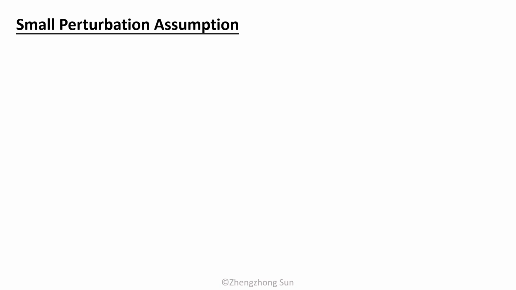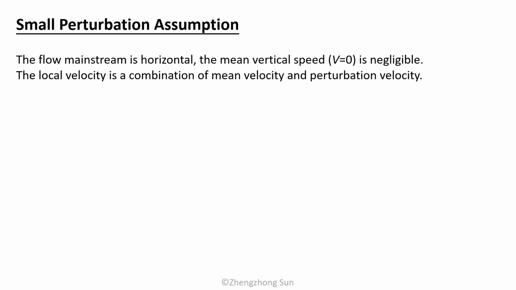How can we do the further simplification? In order to further simplify the full velocity potential equation for compressible flow, we need to use a small perturbation assumption. I am not sure whether you are familiar with it, but it is widely used in, for example, flight dynamics analysis. Under the small perturbation assumption, we consider the flow's mainstream to be horizontal, and the mean vertical speed is negligible, so the vertical speed for the free stream is 0.